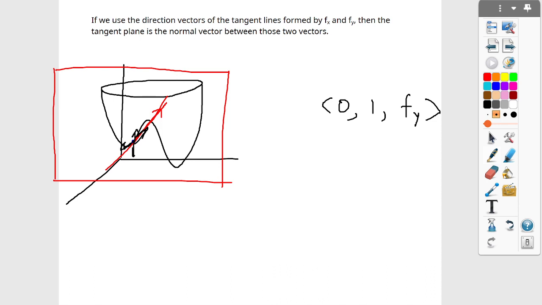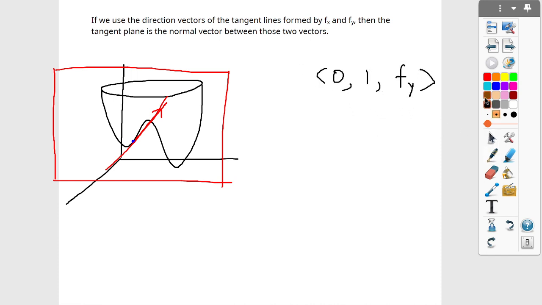It's going to have to include every single direction. So that's why our vector has to be in the tangent plane, right? Because as we go from this point, we're going to move towards the direction of the tangent plane. So that's why the tangent plane has to include the partial derivative direction vector with respect to y.